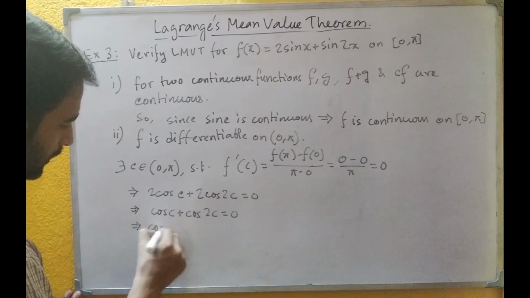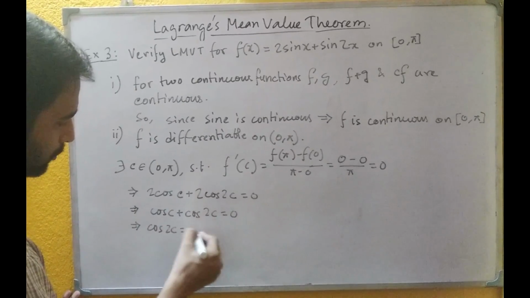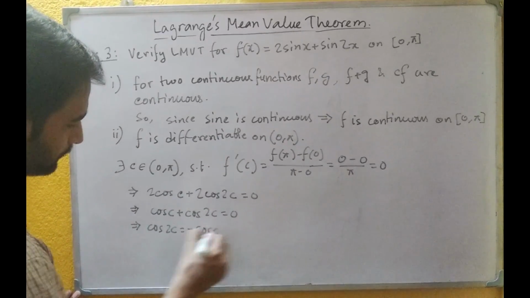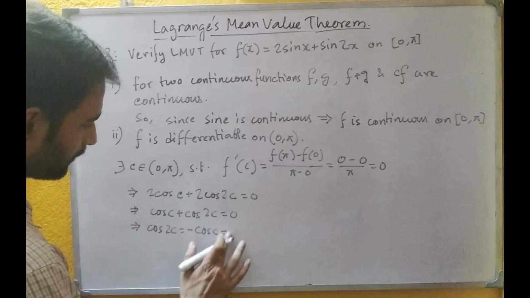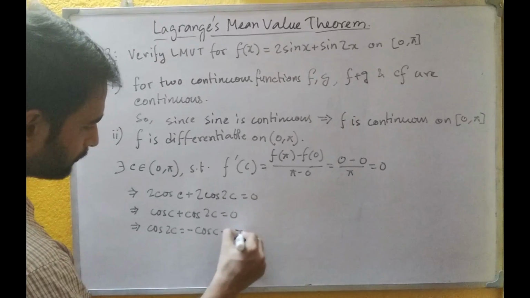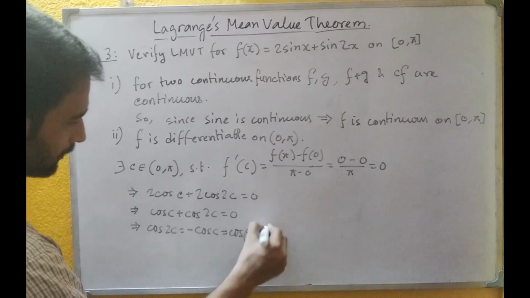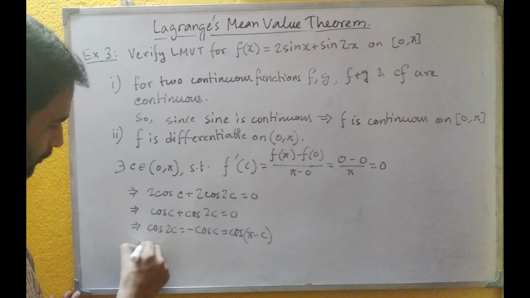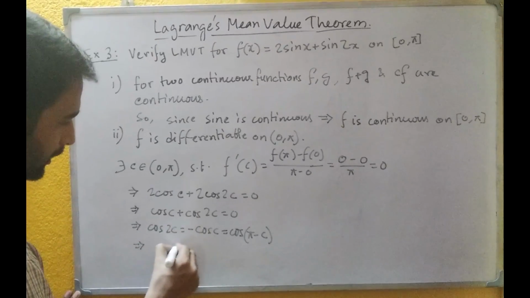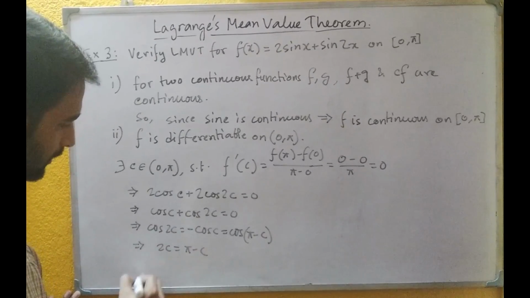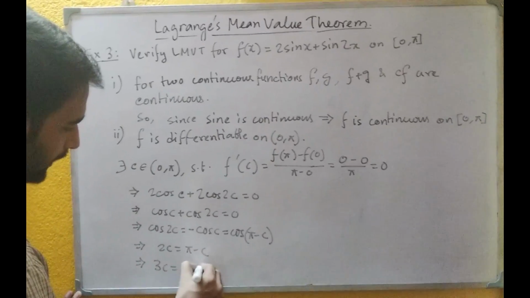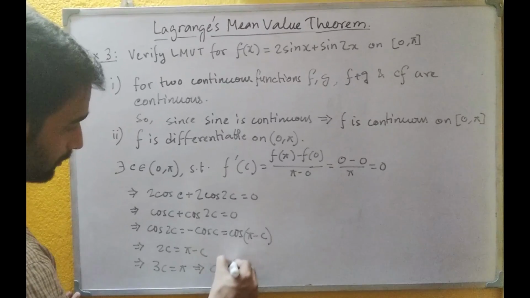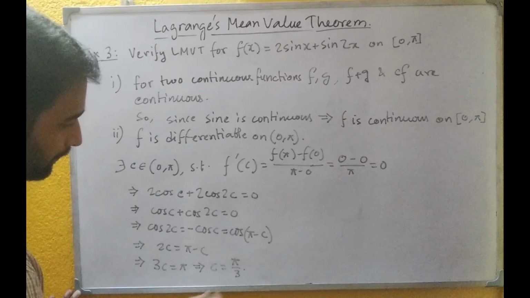So cos 2c is equal to minus cos c, and we can write this as cos of pi minus c. So we can write 2c is equal to pi minus c. That means 3c is equal to pi, and so c is equal to pi by 3.